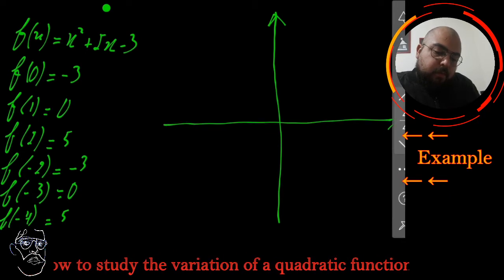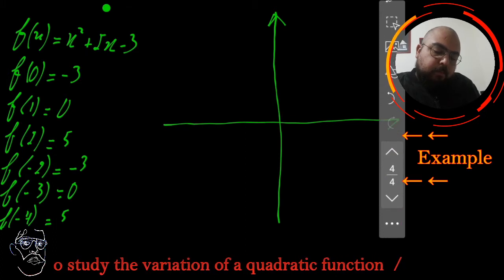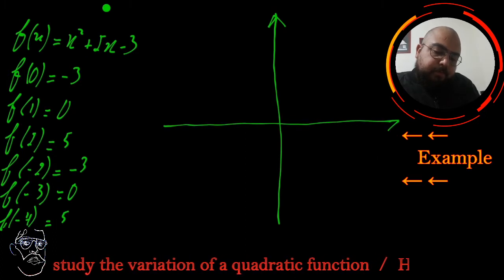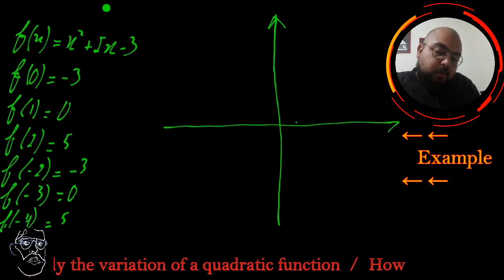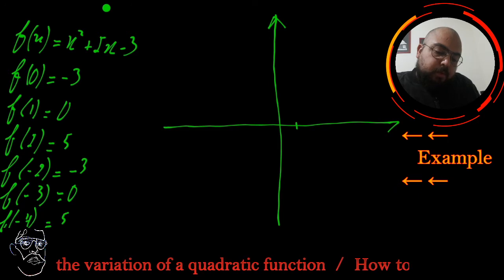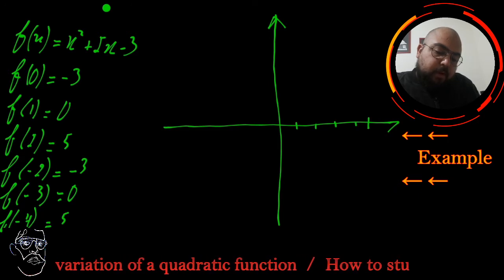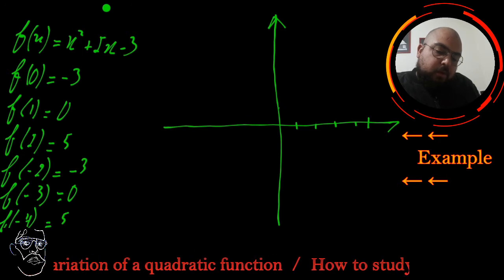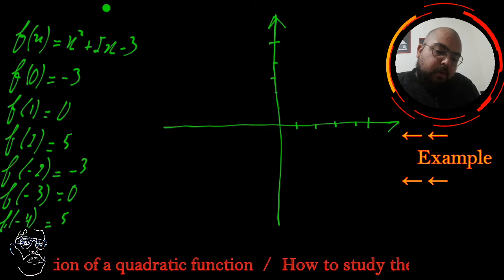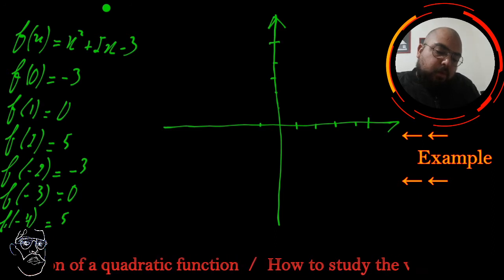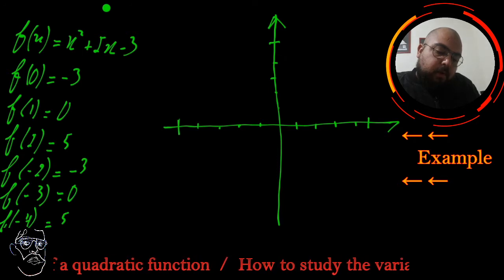So my curve, all right. So 1, 2, 3, 4, 5. 1, 2, 3, 4, 5. 1, 2, 3, 4, 5.